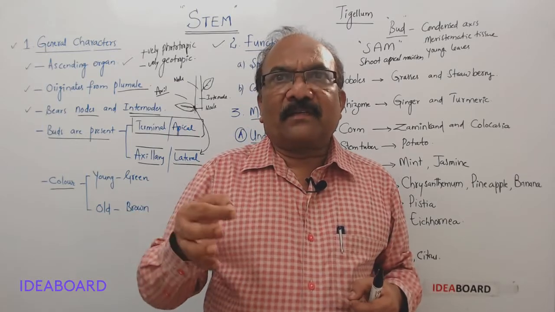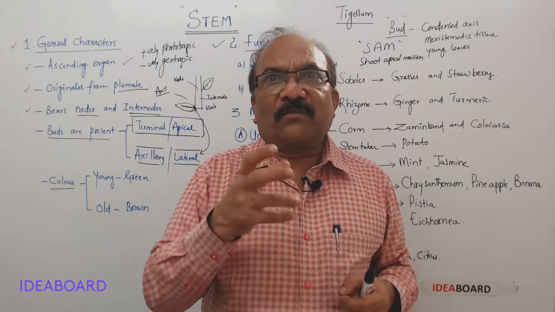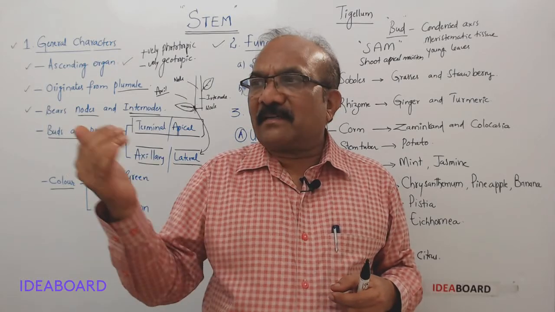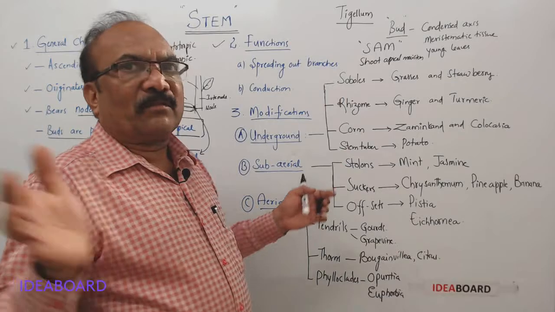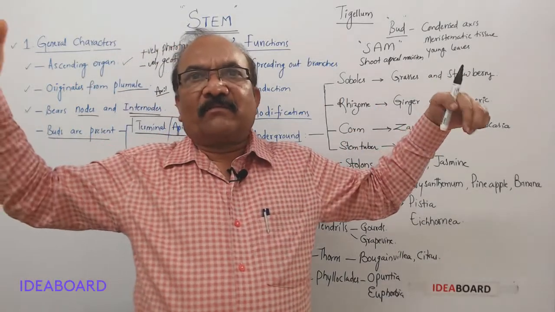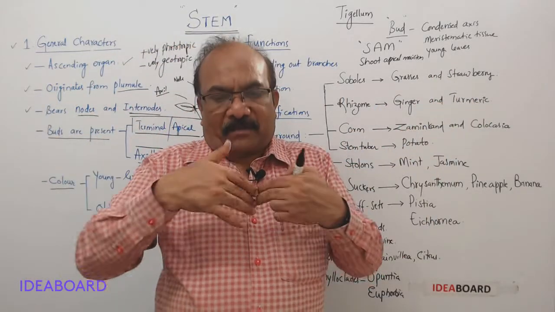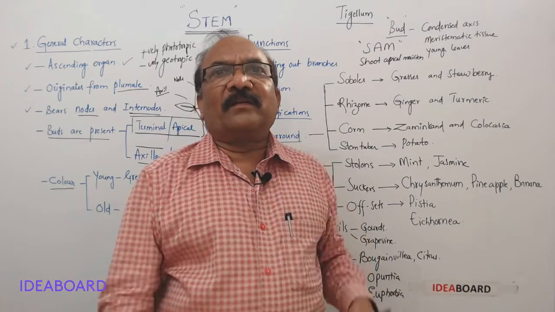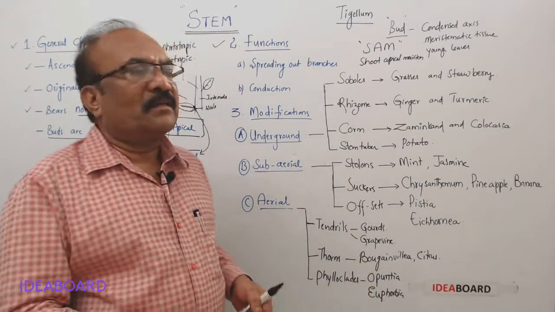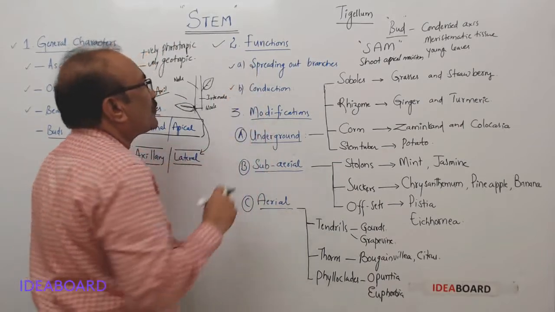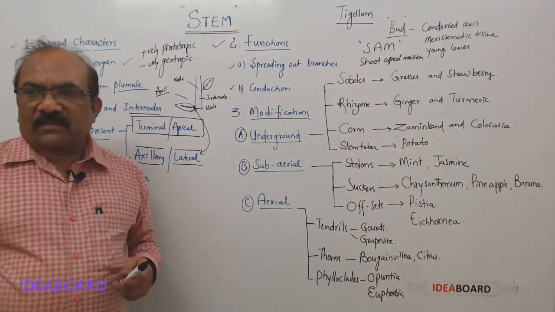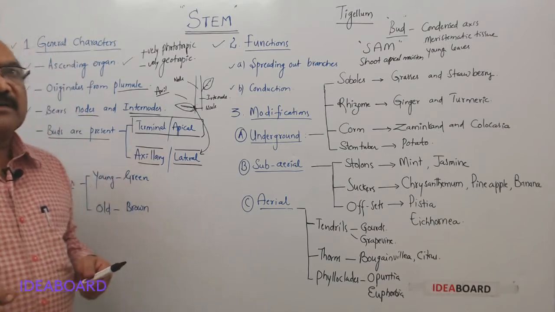With the help of the vascular tissue, that is phloem, the food material is conducted to the roots. From the branches, the food material will move into the stem, and from the stem, the food material will move downwards into the root. That is called conduction. These are the general functions of the stem.